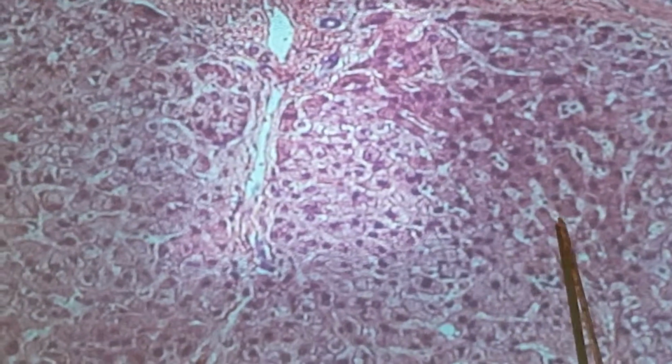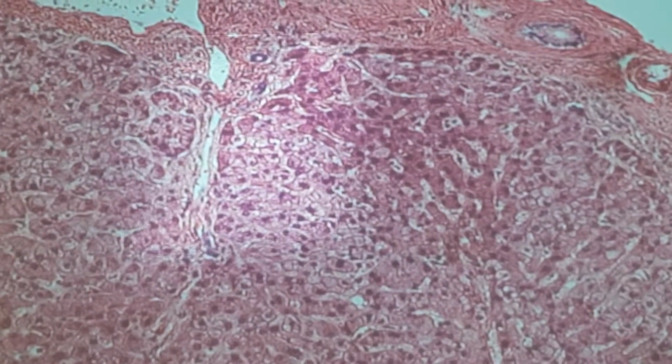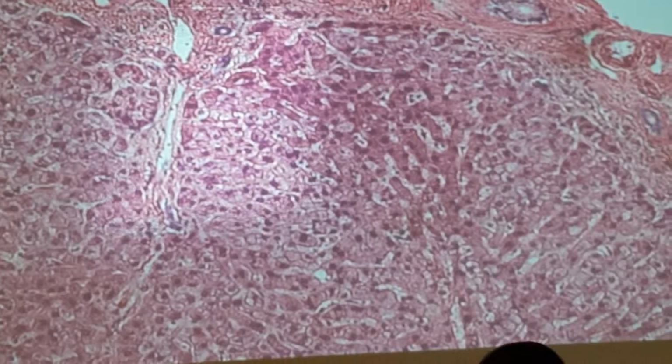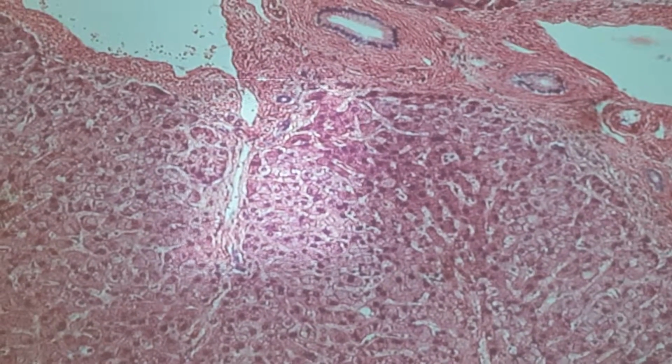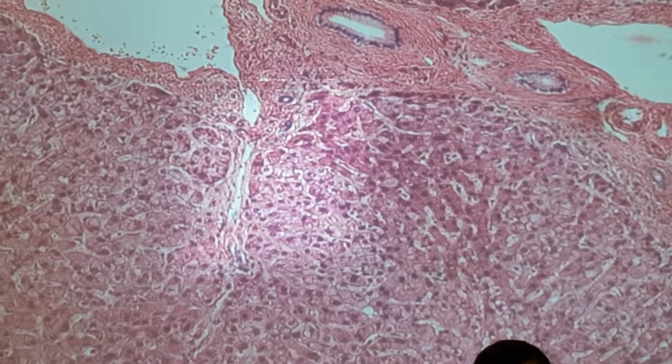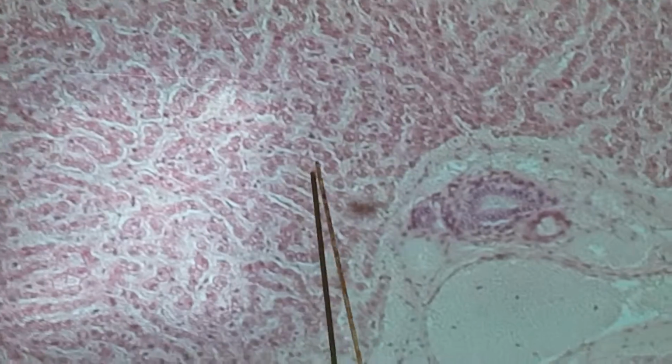They'd be kind of anywhere here. And remember that this is not necessarily a single layer, so it's kind of thick, so you'll have cells on top of cells on some of these. So your bile duct, any of these would be your hepatocytes.